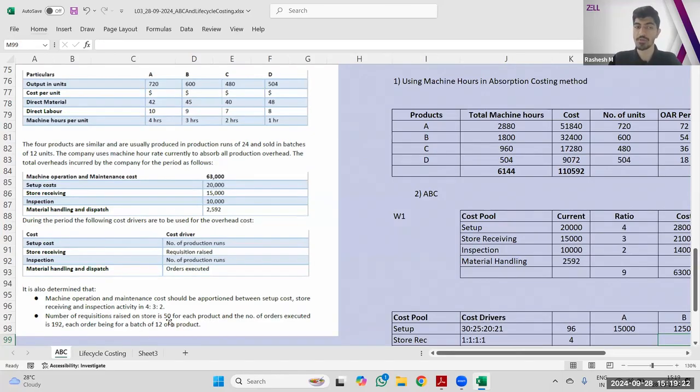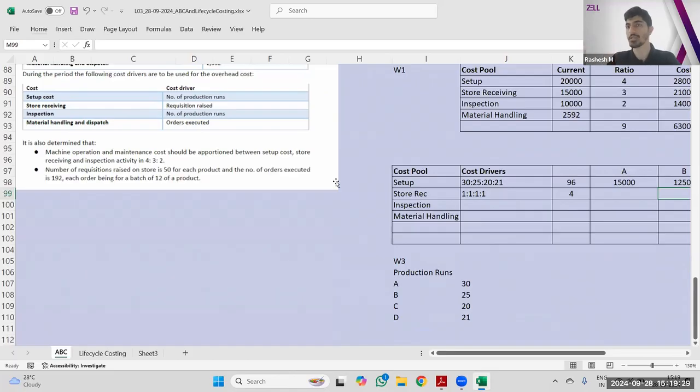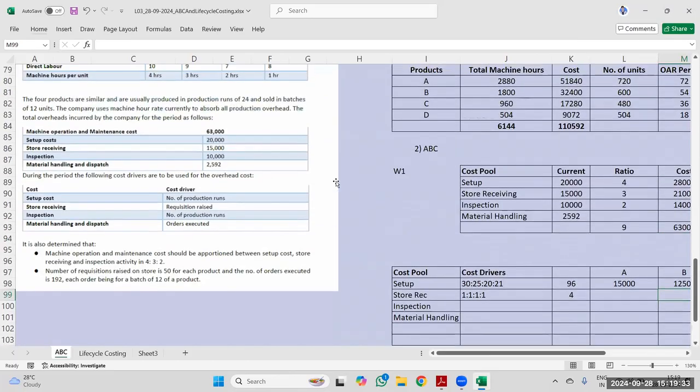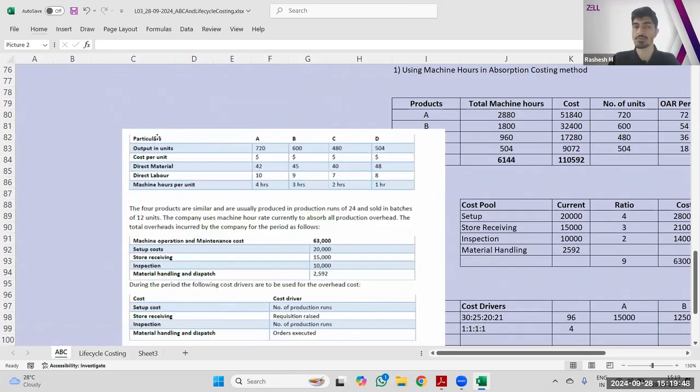So I made 50 requests for A, 50 for B, 50 for C, 50 for D. So it is 50 is to 50 is to 50 is to 50. Makes sense? Yes. Okay. So the terms we'll have to read very carefully. If it's each unit, each product like you see here, or production runs of. These terminologies will make a difference.